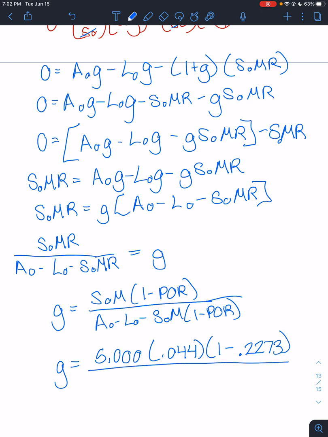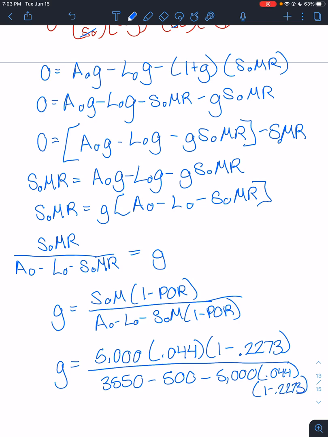Divided by the amount of assets they had, which was 3,550, I think. Yeah. The amount of liabilities was 500. Original sales was 5,000, times the profit margin, times 1 minus 0.2273, the retention ratio.